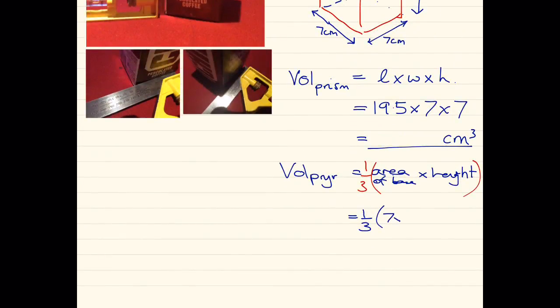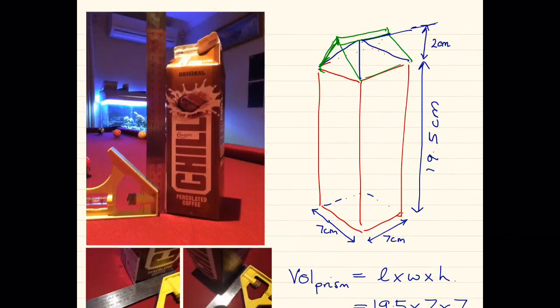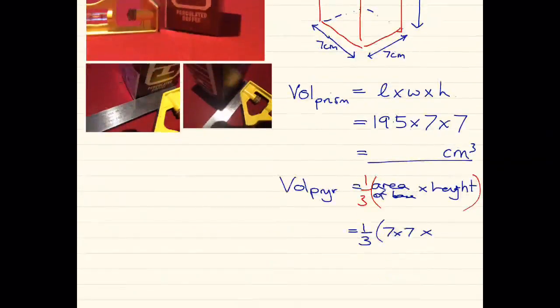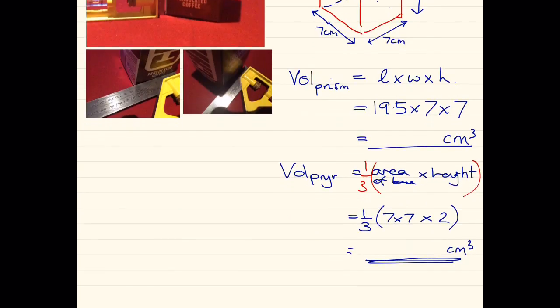So we go 7 times 7 for the area of the base. And then the height of that particular pyramid is our 2 centimeters here. Okay. All right, and again, that's your job to do that calculation and work out that particular volume.